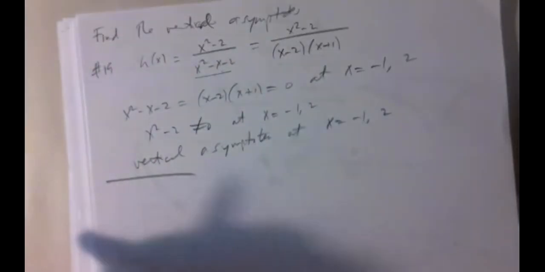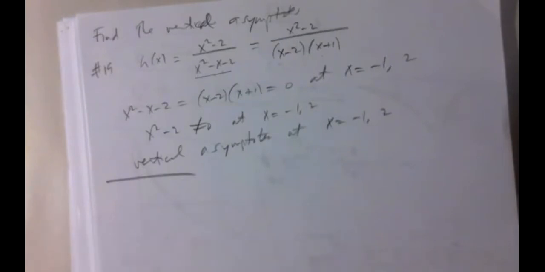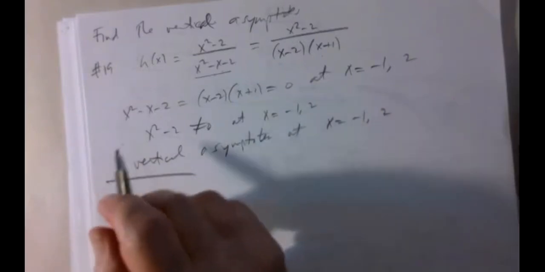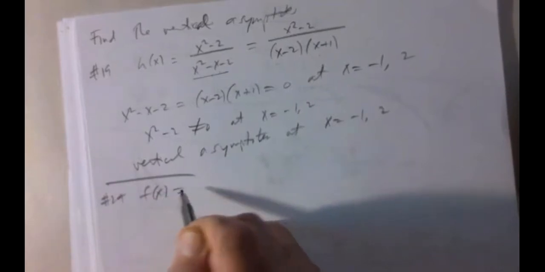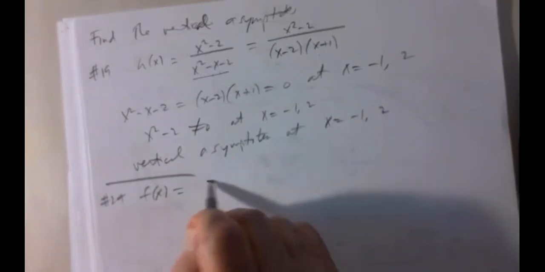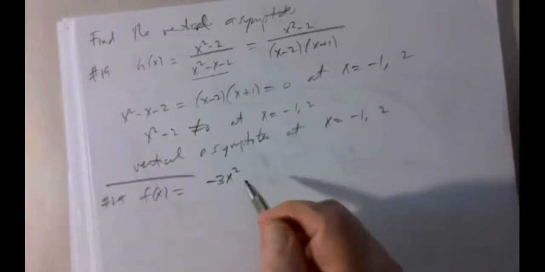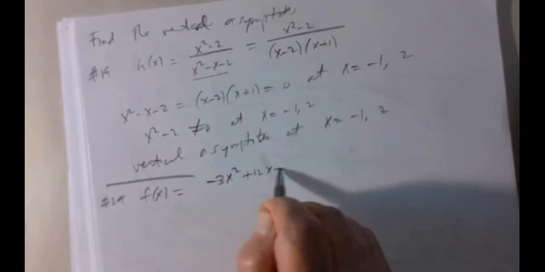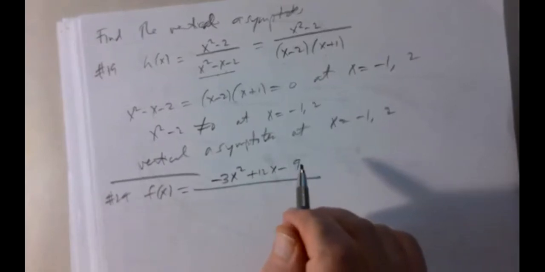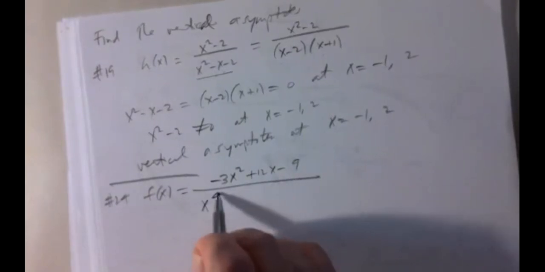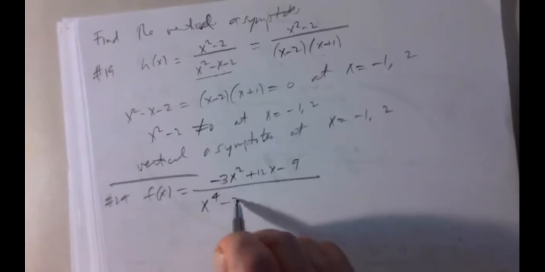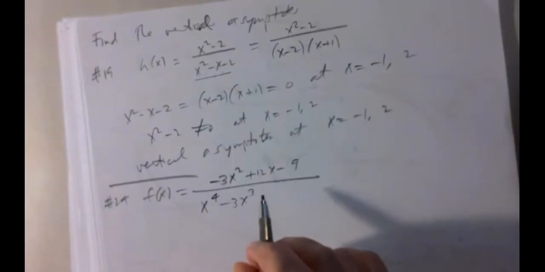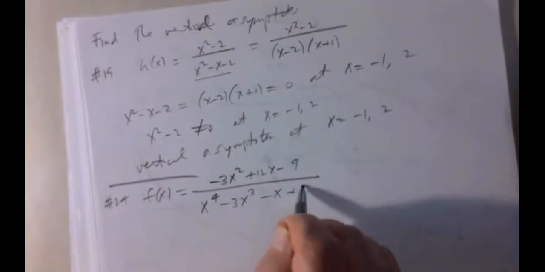Let's do another example. So things that are not necessarily so obvious. Suppose we have, this is number 24, f of x equals minus 3x squared plus 12x minus 9 divided by x to the 4th minus 3x cubed minus x plus 3.